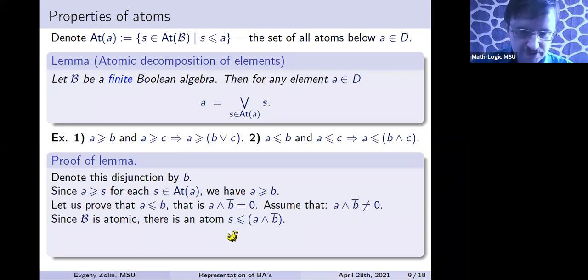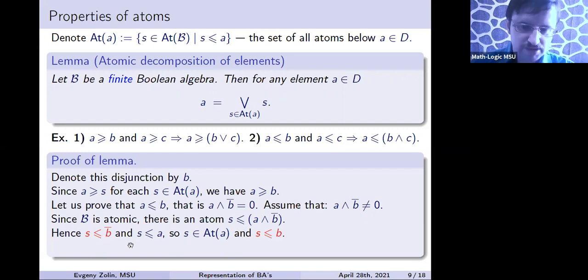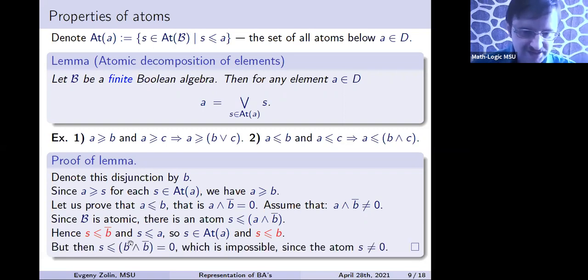So what do we have? S is less than the complement of B. S is less than A. But A is less than B. So S is less than B. So the atom S is simultaneously less than B and less than the complement of B. But this is impossible, because then S is less than B and not B, which is 0 by the axioms of Boolean algebra.